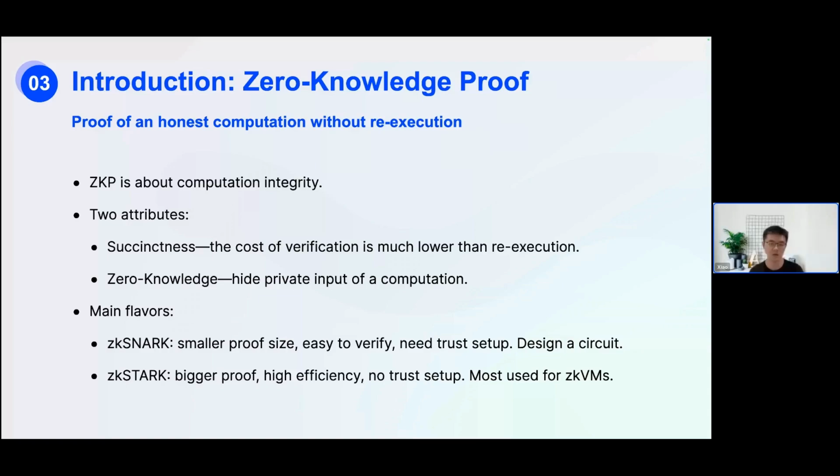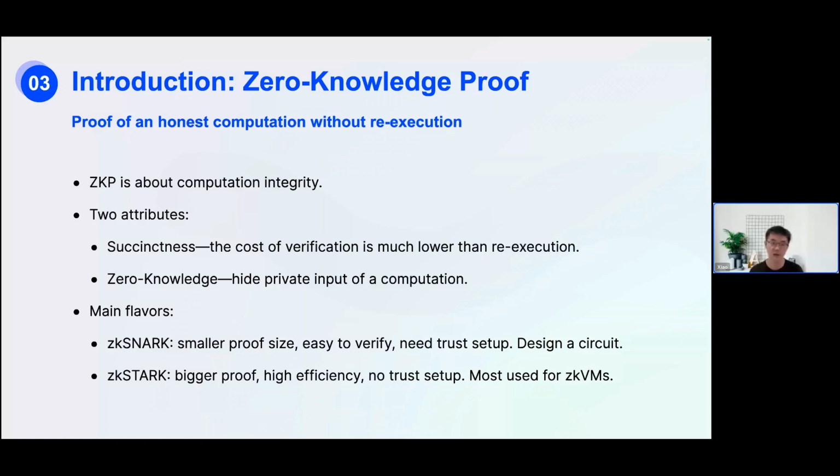So all you need to remember is that ZK is about computation integrity. That means somebody else runs some computation on their side, in their own computer, in their own servers. Maybe it's a long and tedious computation. And what ZK can provide from my side is to verify the correctness of this computation without repeating it.